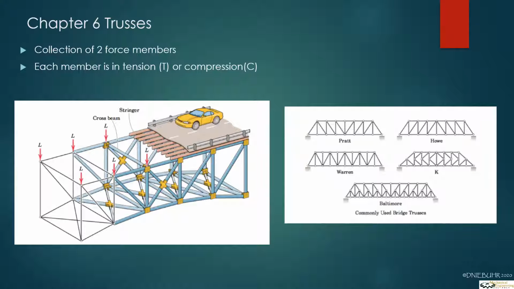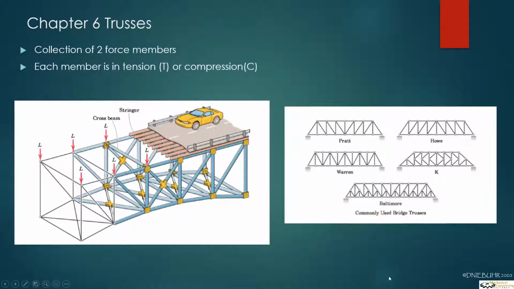The member can't hold any kind of a lateral force. It can only hold a force in its direction. I mean, it can, but compared to the force it can hold in either compression or tension, what it can hold in another direction is much, much smaller. That's why we just look at it as all two force members.